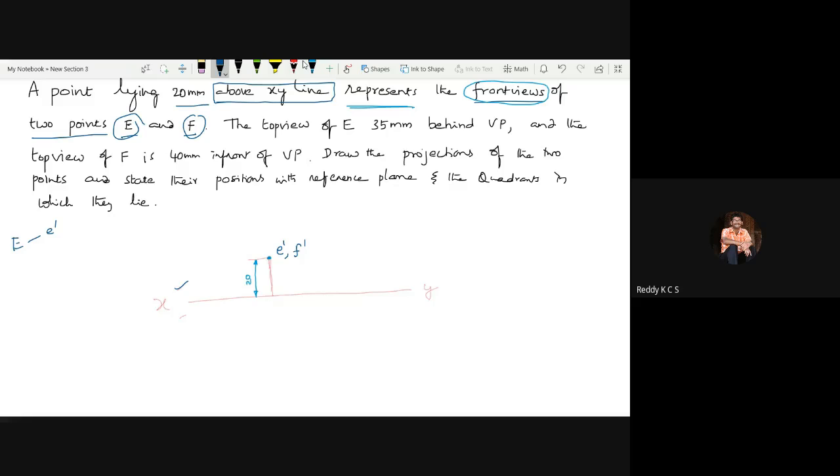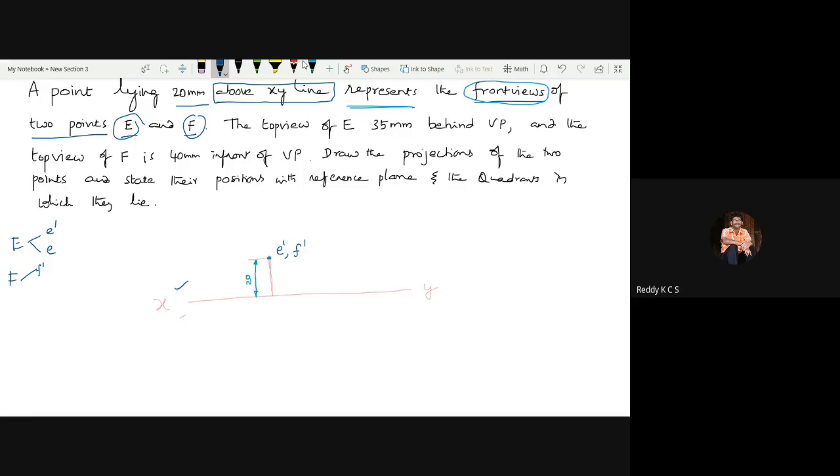With E dash, and the top view we are going to represent with E, right? Similarly, front view of F is going to be F dash. That is why I have denoted this point as E dash comma F dash. Up to that point is okay.